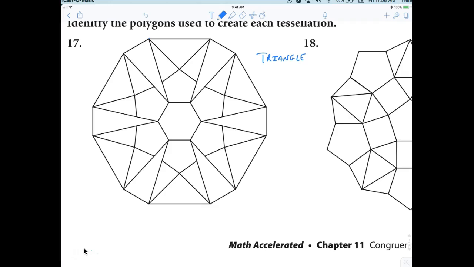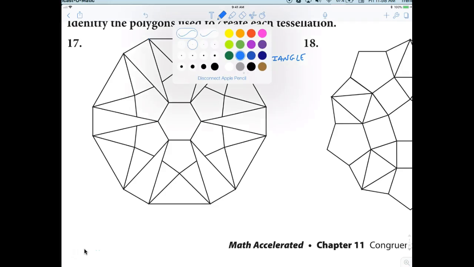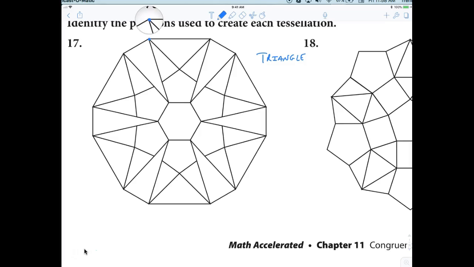I'm going to make it a little bigger too. Did everybody see that? Or you could just say even this if you didn't like that one.